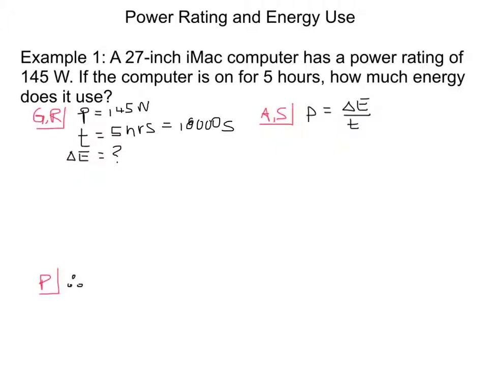And energy is what I'm looking for. And we know that power is equal to the change in energy or energy use over time. And that means that we can rearrange a little bit and solve for energy as power times time.